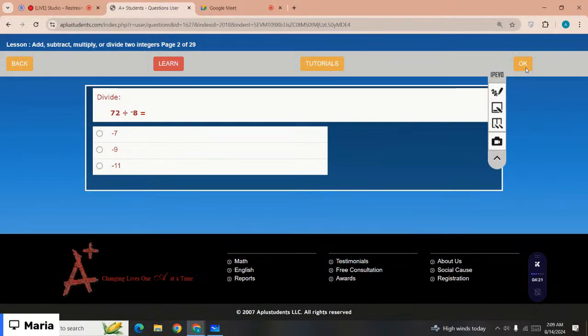So here 8 is negative, the answer is also negative. Very good. That is negative 9. The correct option is option number 2.